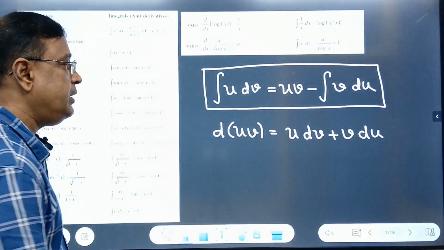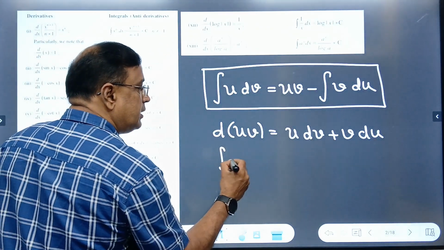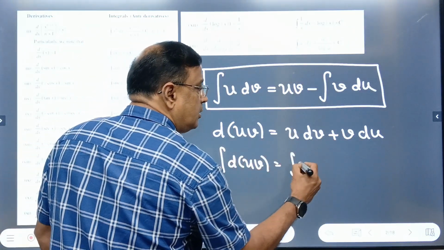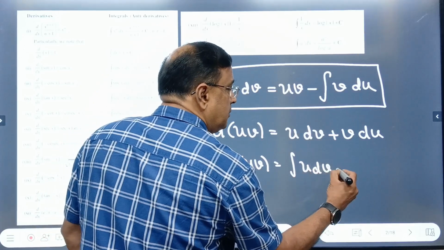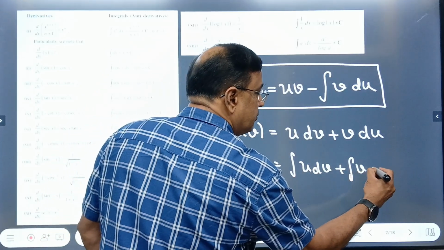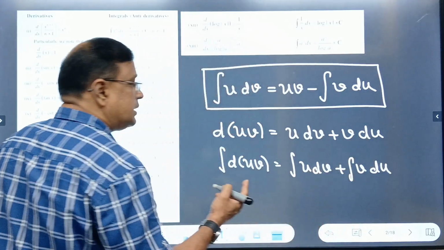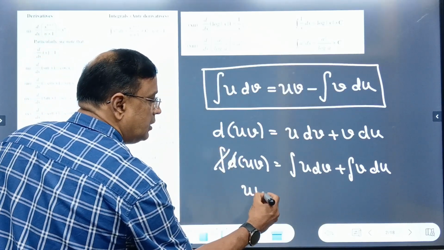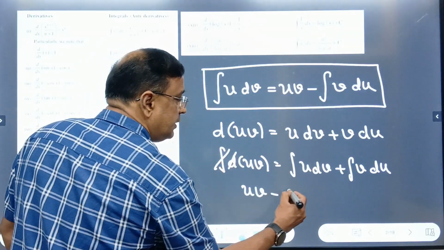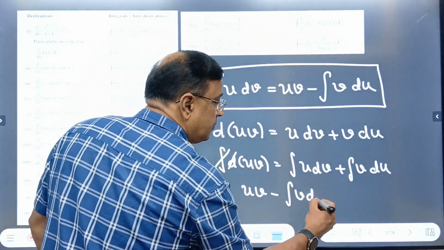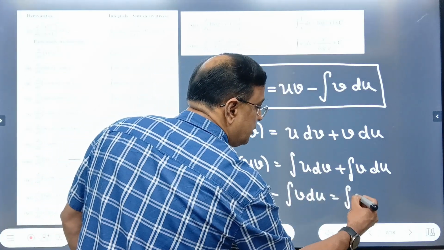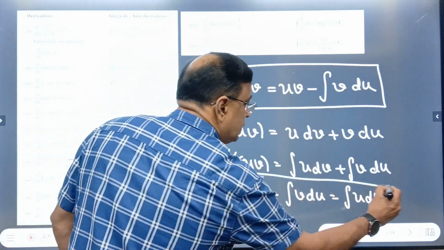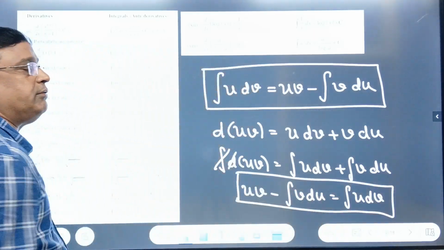Now integrating both sides, I get integral d(uv) equal to integral u dv plus integral v du. Now you can see clearly integration and differentiation get cancelled. You get uv minus integral v du is equal to integral u dv. This is the formula. It's very easy to derive.